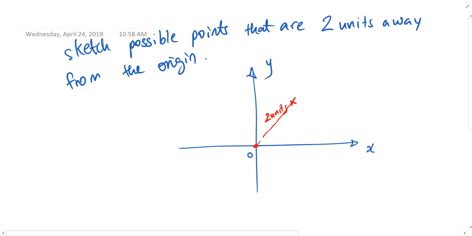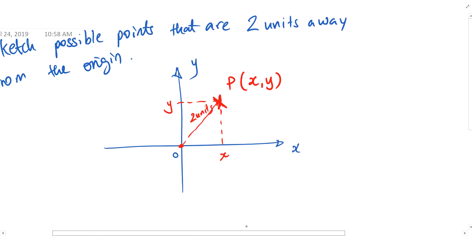Let's call this point P. It has X and Y coordinates. What is the information given to you in the question? What did the question say? 2 units away. Are you able to form an equation with this information?